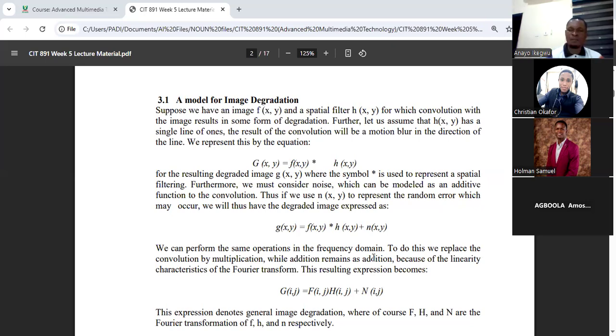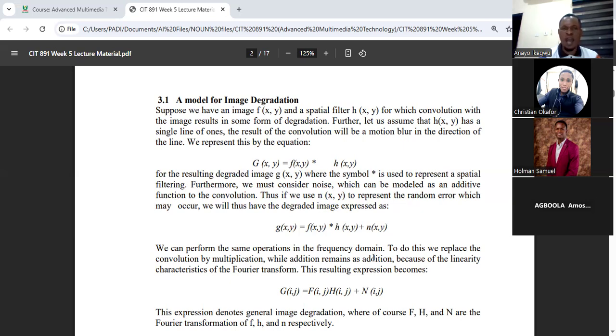So anytime you capture an image or you type a text, the assembly language will be very busy converting it to machine language. So remember, anytime you talk about image and graphics, it's all about mathematical models.